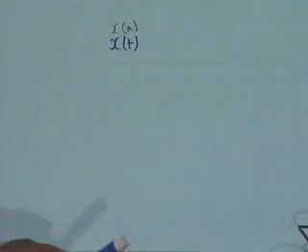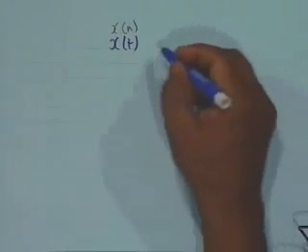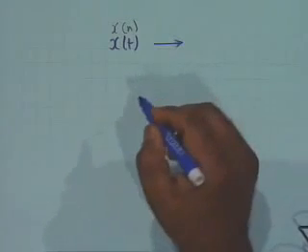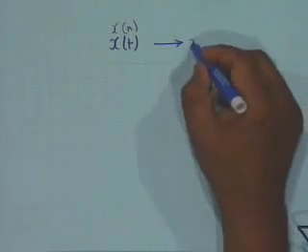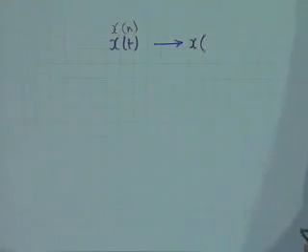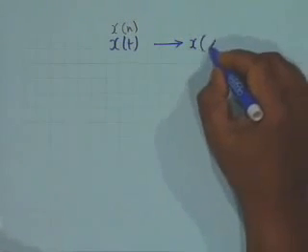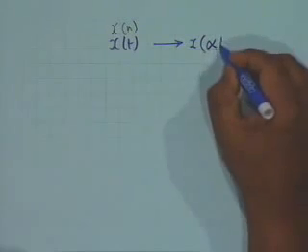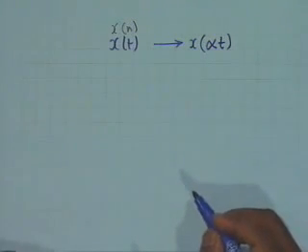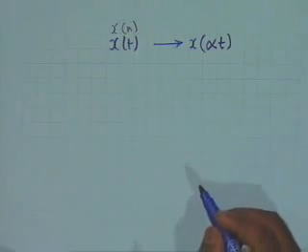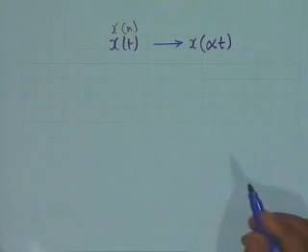All right. Now, if I have a signal x of t and I want to scale the independent variable, that is, t I wish to change to alpha t, where alpha is a constant, then how does this signal change?